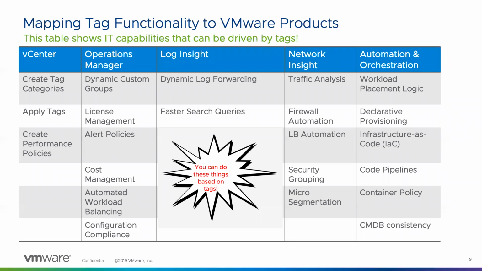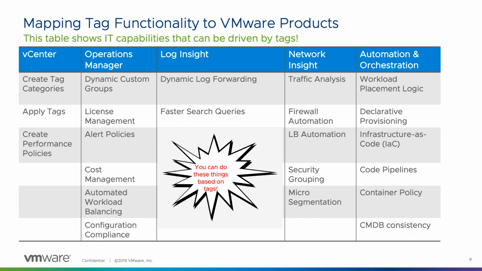So I think what we've talked about so far is what tags are in infrastructure, and we've articulated some of the VMware products and how they leverage tags. And this slide is meant to show at a higher level some more IT capabilities that can be powered with tags. And we also have an alignment with some of those VMware products.